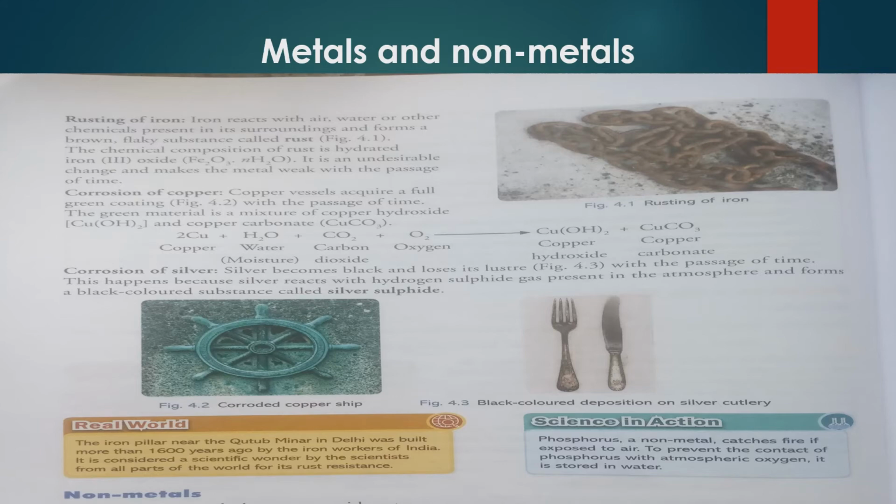If you keep an iron nail openly somewhere, and 2-3 days after you notice, one brown layer forms around this iron nail, and that is called rust.